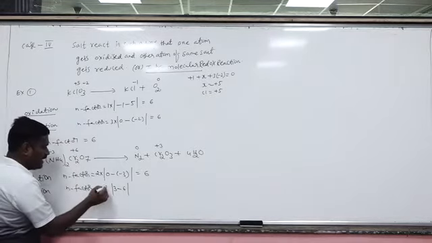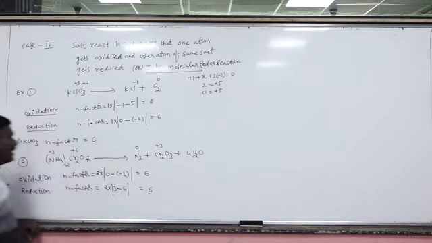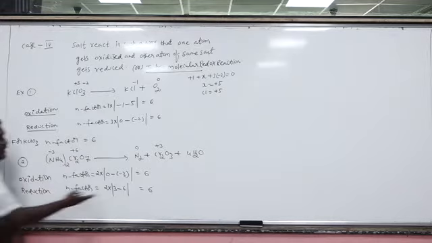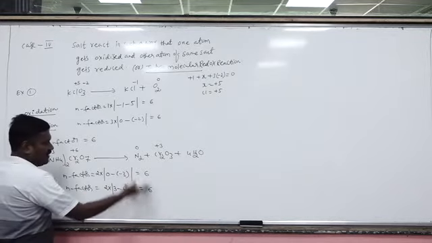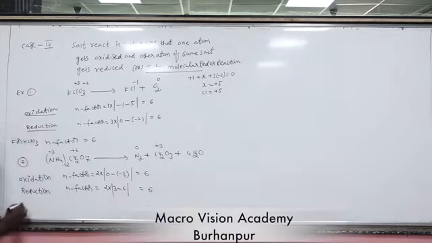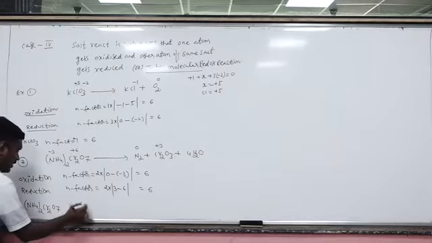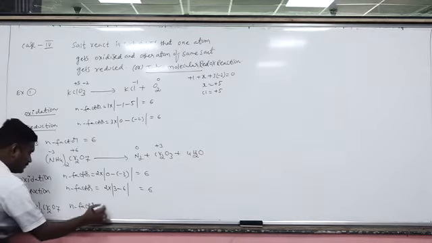So we have to take the atomicity. Again we have 6. So overall, in the oxidation or reduction process, the total number of electrons involved per mole of ammonium dichromate will be 6. Therefore the N factor of ammonium dichromate is 6.